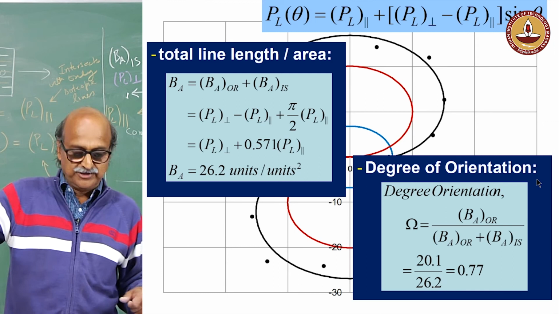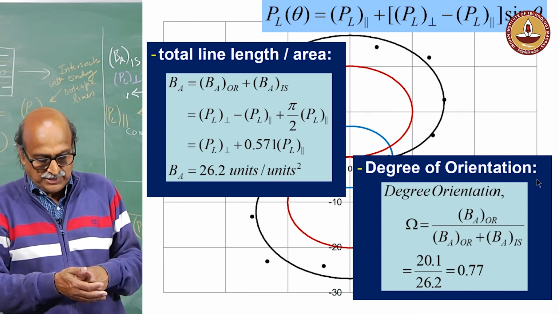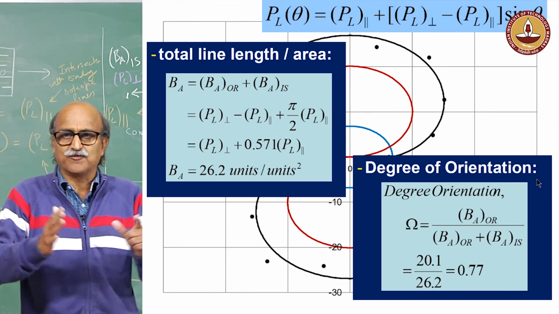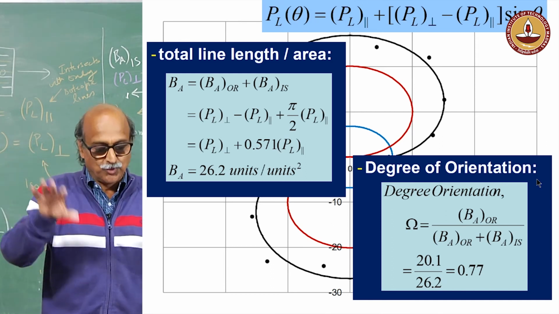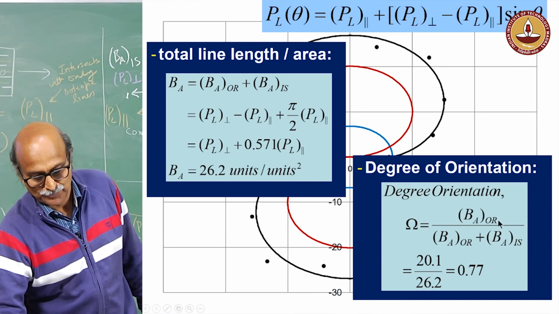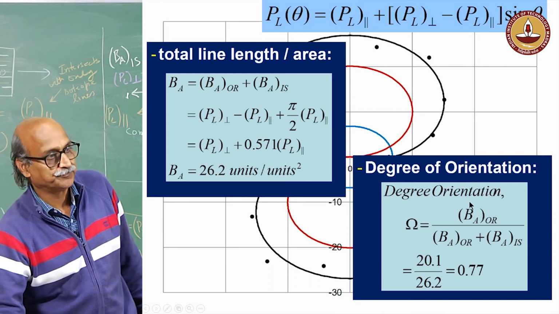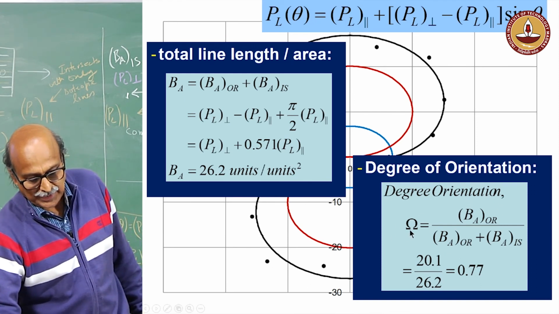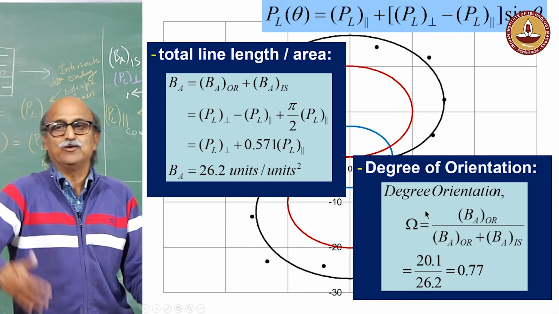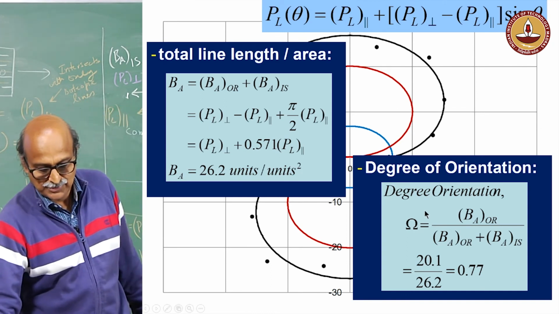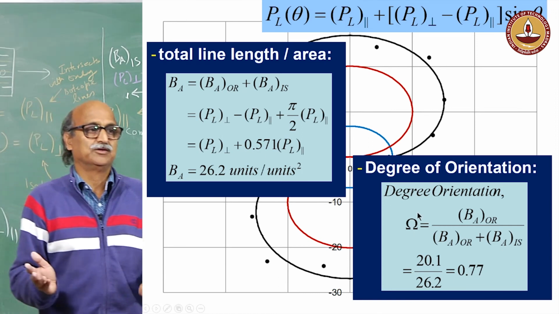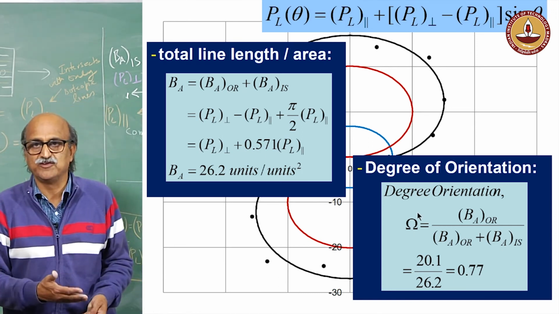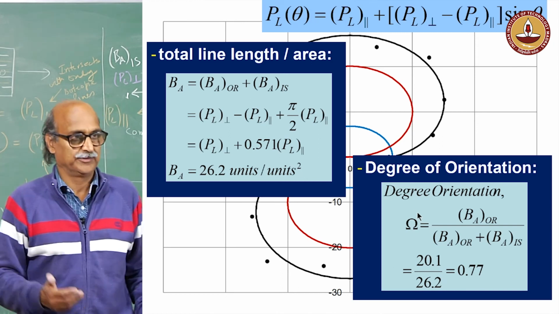So, very high degree of orientation, and this degree of orientation will vary from, if you had only isotropic and no oriented, then omega will be 0 because BA oriented will be 0. And if you had only oriented and no isotropic, then BA isotropic will be 0 and omega will be 1. So, the degree of orientation will vary from 0 to 1. Okay.